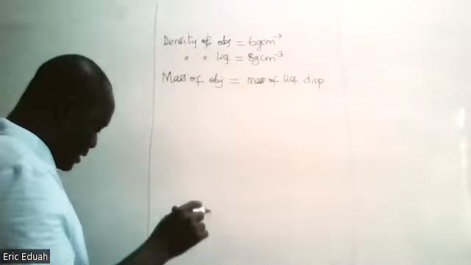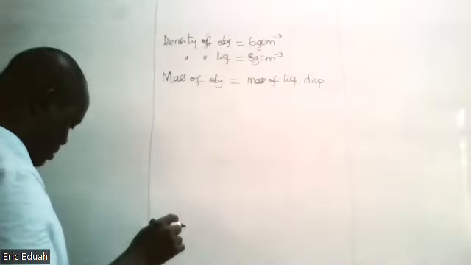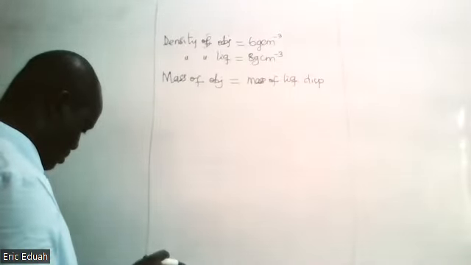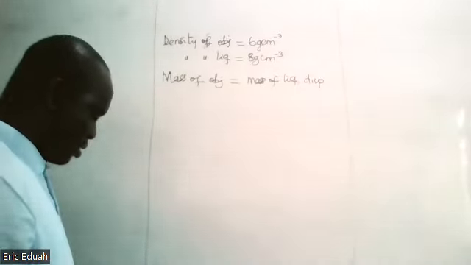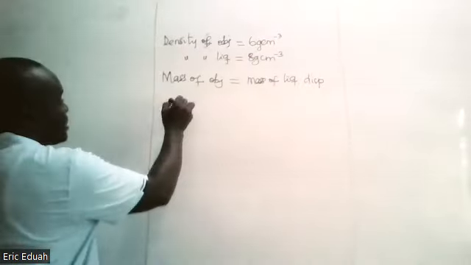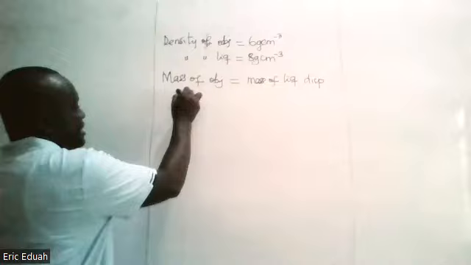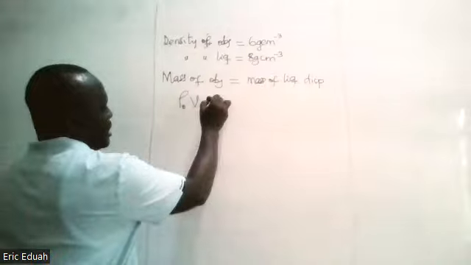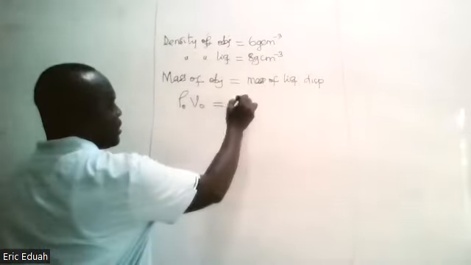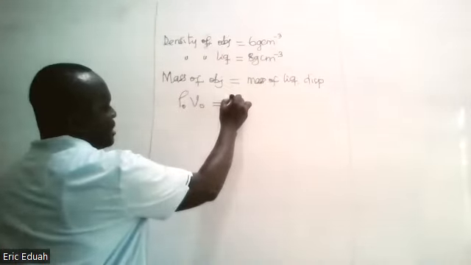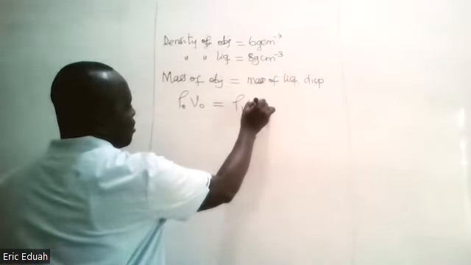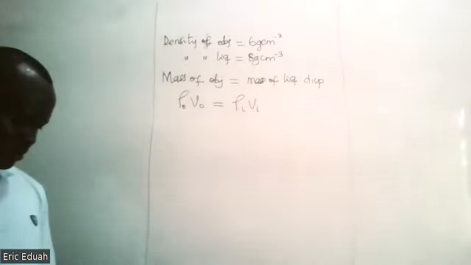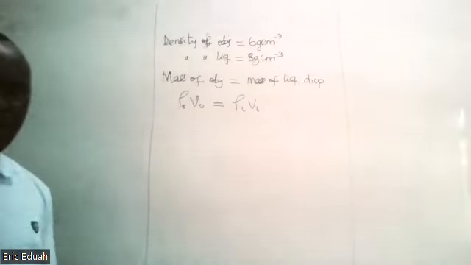Mass of object can be determined by density of object times volume of object. This is also equal to mass of liquid displaced, which is density of liquid times volume of liquid displaced. Are we okay?